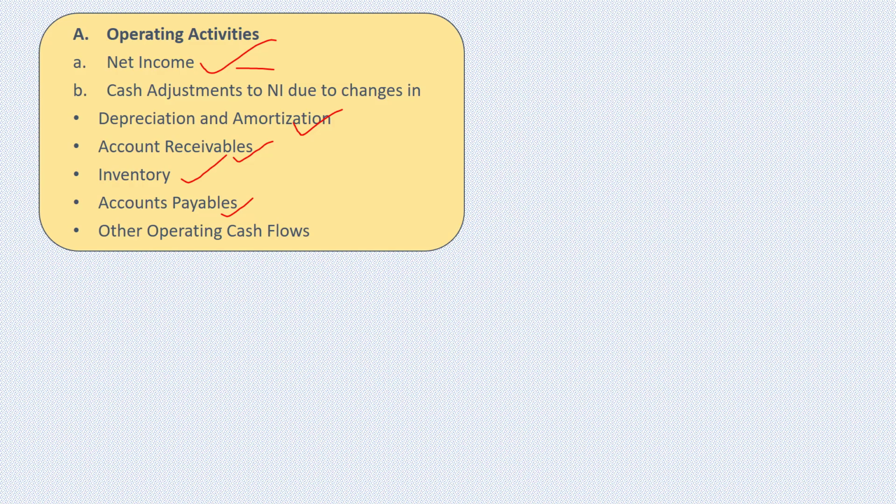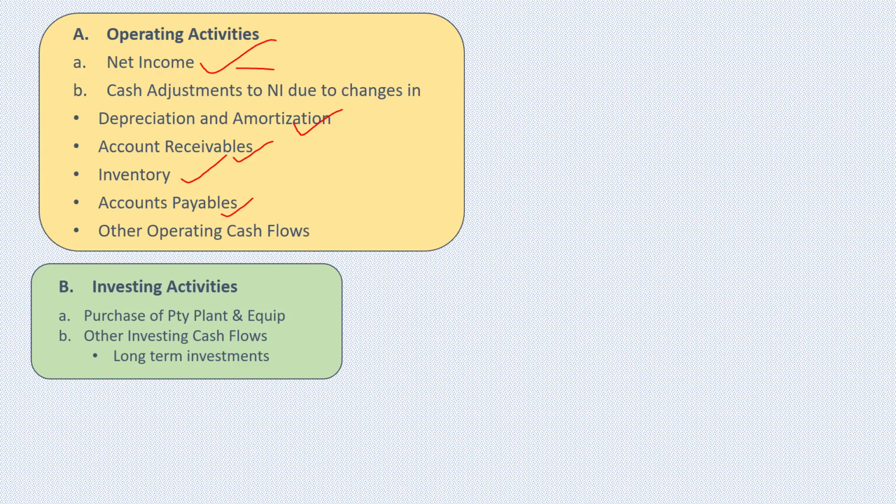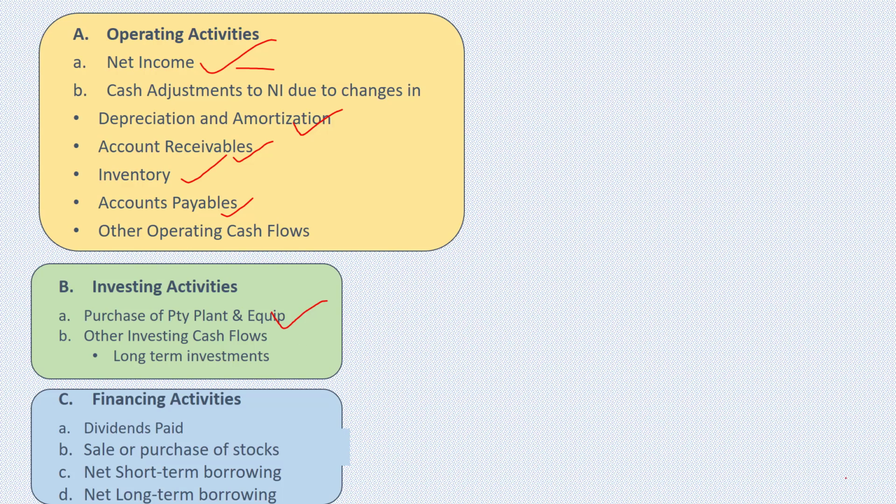to get cash flow from operating activities. Then the cash flow statement records cash flow from investing activities, which usually refers to purchase of plant and equipment, and also includes long-term investment. Finally, the cash flow statement records cash flow from financing activities.